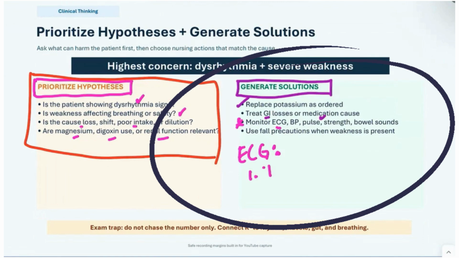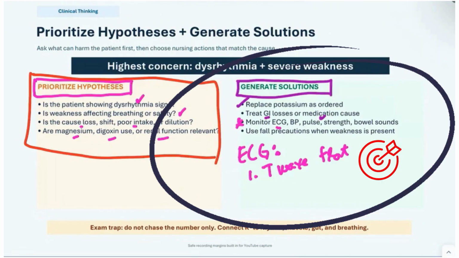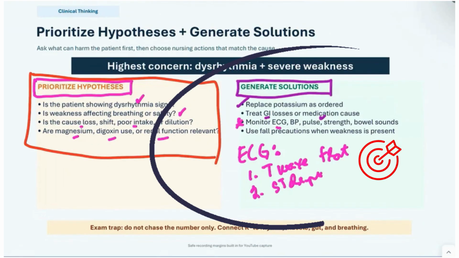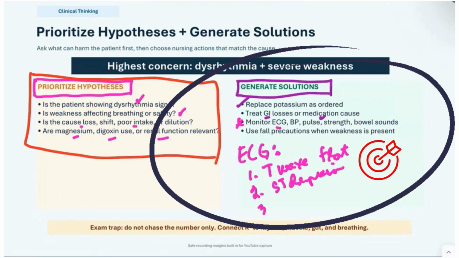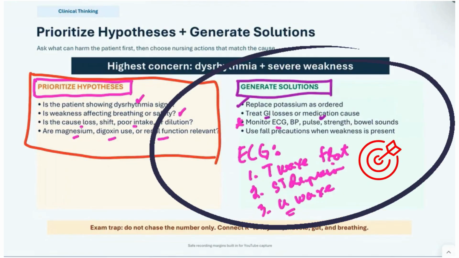You're going to have a flat T wave. Then you're going to have ST depression. And last but not least, you're going to have what we call a prominent U wave in your ECG. Those are the things you need to monitor.